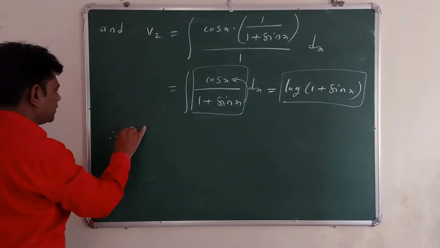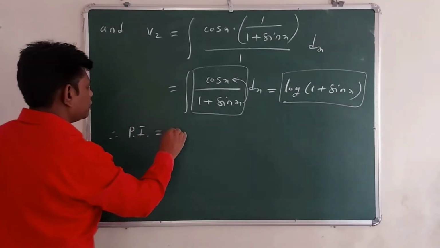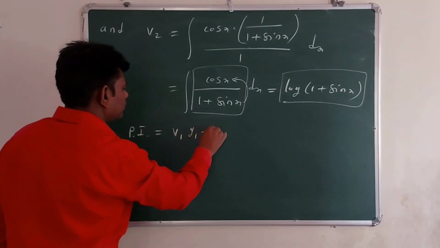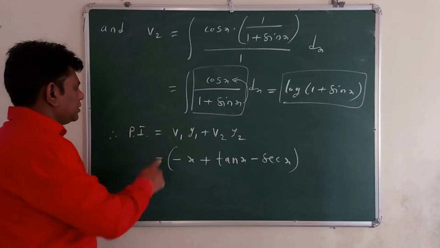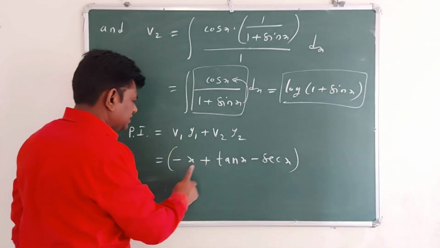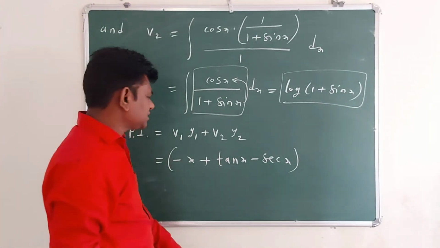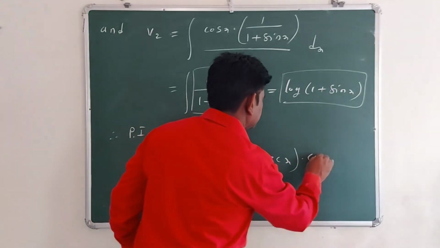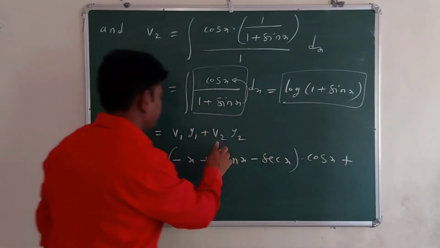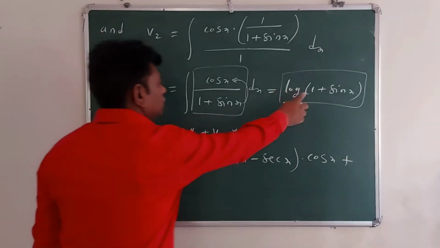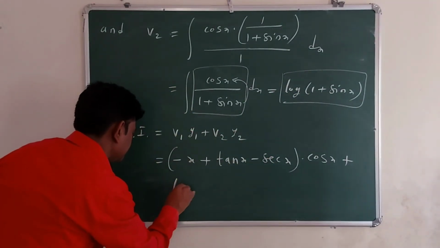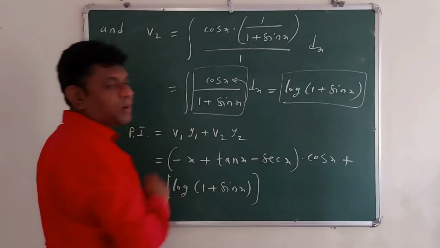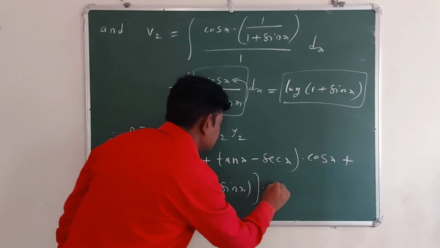And therefore PI is equal to V1 y1 plus V2 y2. Now V1 is minus x plus tan x minus sec x, times y1. Now y1 is cos x, plus V2. Now V2 is the log of 1 plus sin x times this y2. Now y2 is sin x.